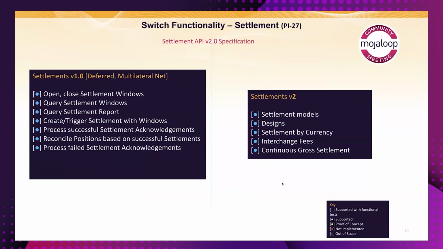A lot of work is happening on the settlements side of things, V2, but currently the Mojaloop releases by default are coming with V1, or V2 actually, specification V2. There is a V3 of the API, which is in the final stages.